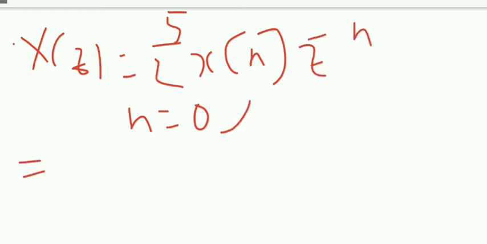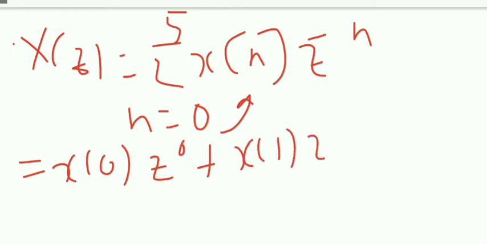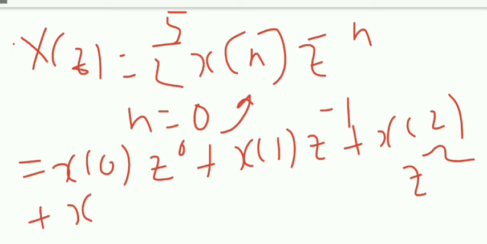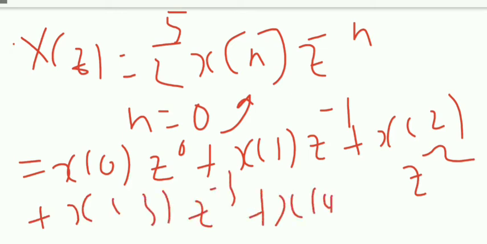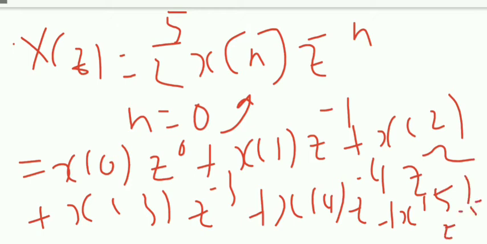When I substitute n equal to 0, it becomes x of 0 z power 0. When I substitute n equal to 1, x of 1 z power minus 1. Then n equal to 2, x of 2 z power minus 2, plus x of 3 z power minus 3, plus x of 4 z power minus 4, plus x of 5 z power minus 5.